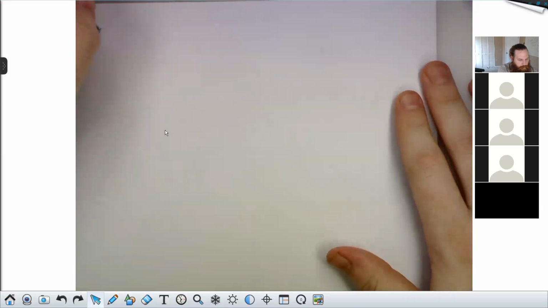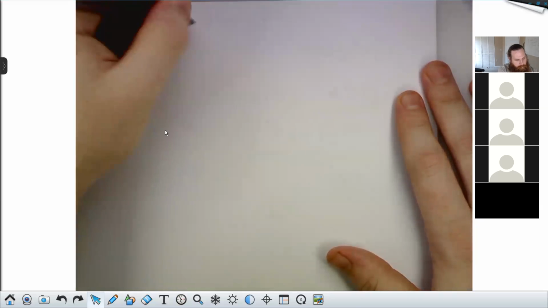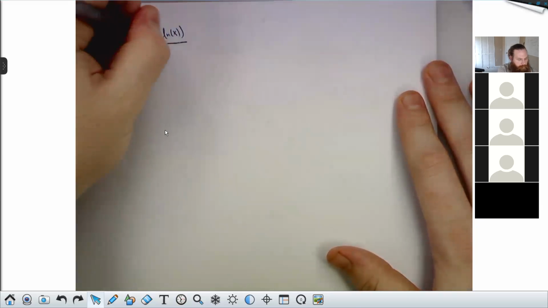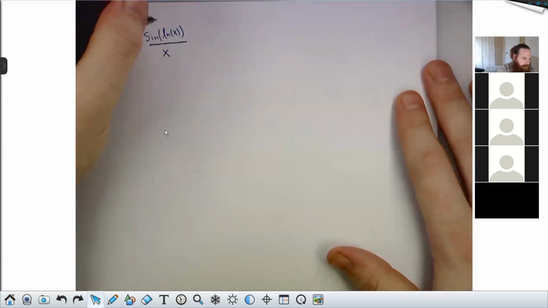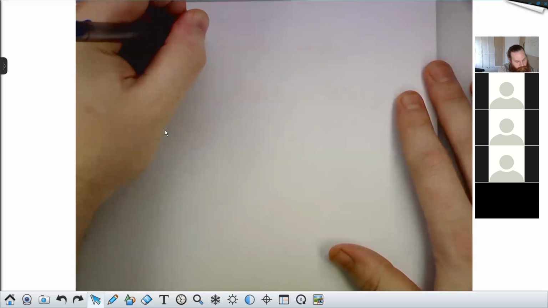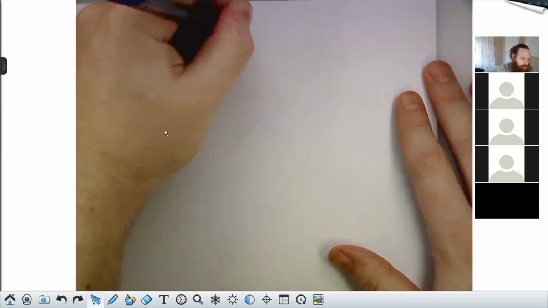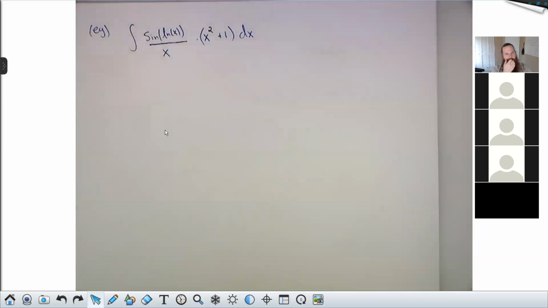One of the problems you'll encounter from time to time is that you want to make a substitution that looks like it'll work well for part of the problem, but doesn't do everything.